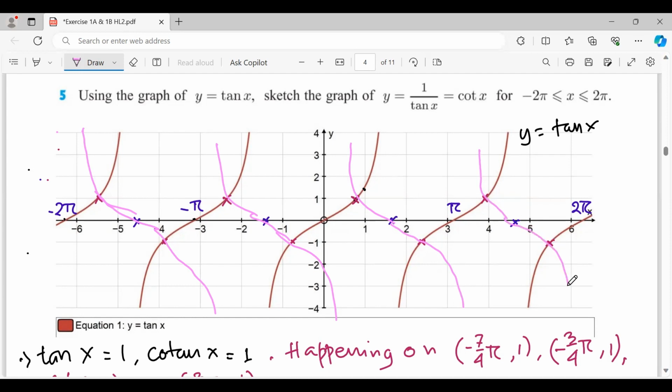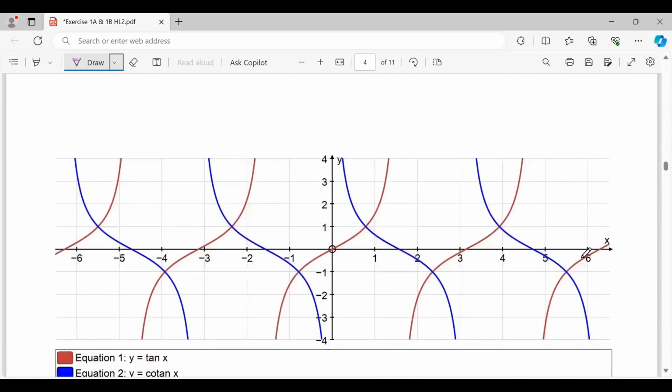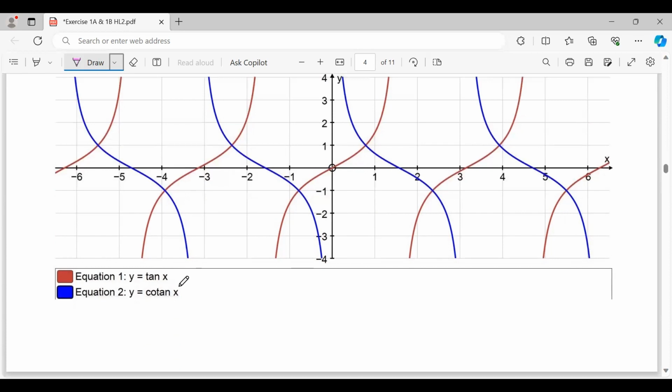And like this. Now, regarding the asymptote. So this is the graph of tangent x and cotangent x. Look, they have the same coordinate point here, y equals 1.